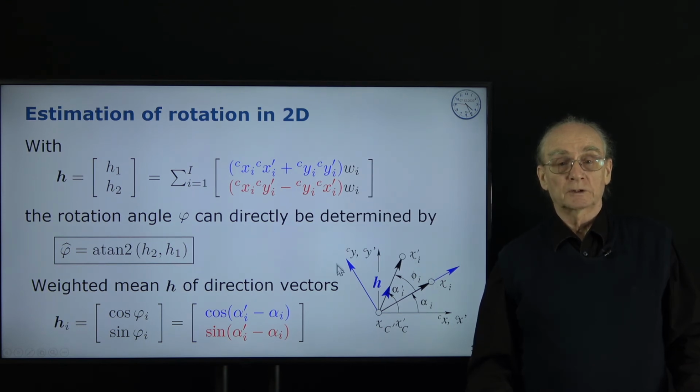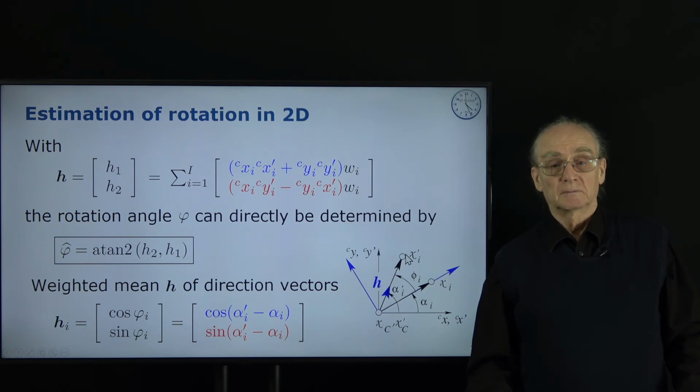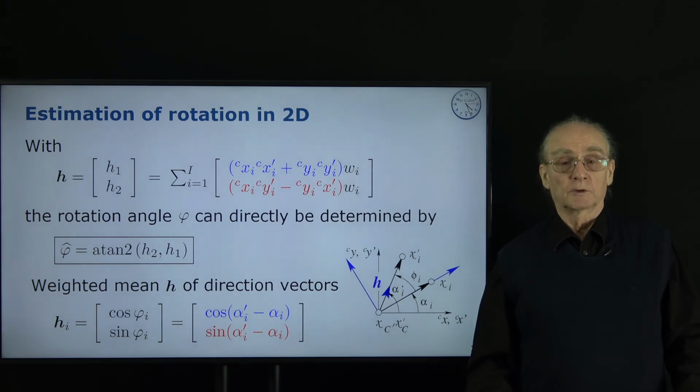So let's put a coordinate system in the direction of x1, this blue coordinate system. What we need is a direction to this point. So this depends on the angle phi i in this case. And if we do this for all the points, we should be able to take the average of all these directions and get the optimal angle phi if we do proper weighting.